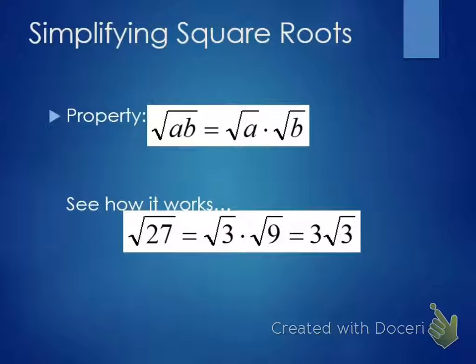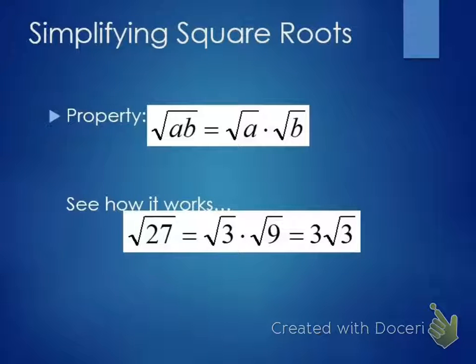What's special about the square root of 9? That's a perfect square number. You can take the square root of 9 nicely. What is the square root of 9? 3. So that's why they wrote a 3 outside of the radical. The square root of 3 you cannot take the square root of, so it stays underneath the radical.